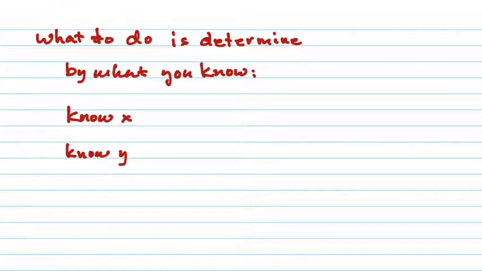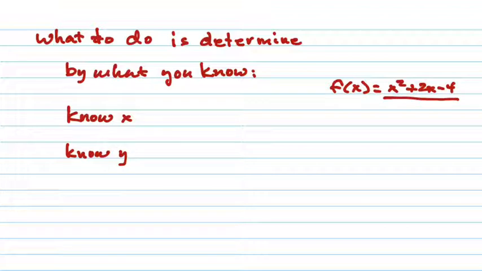If f of x equals x squared plus 2x minus 4, knowing your x means you know the thing on this side. If you know your y, you know that piece, because f of x is the same thing as y, right?